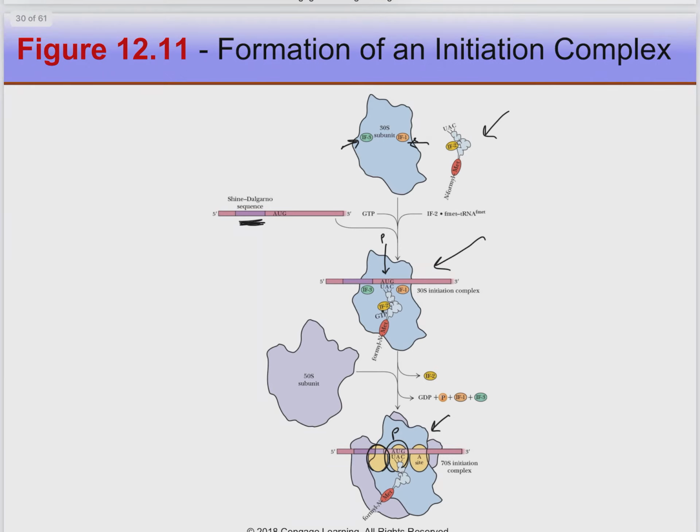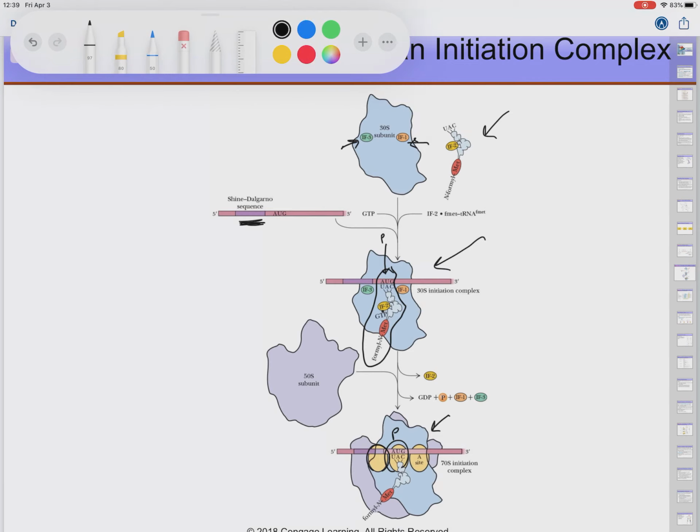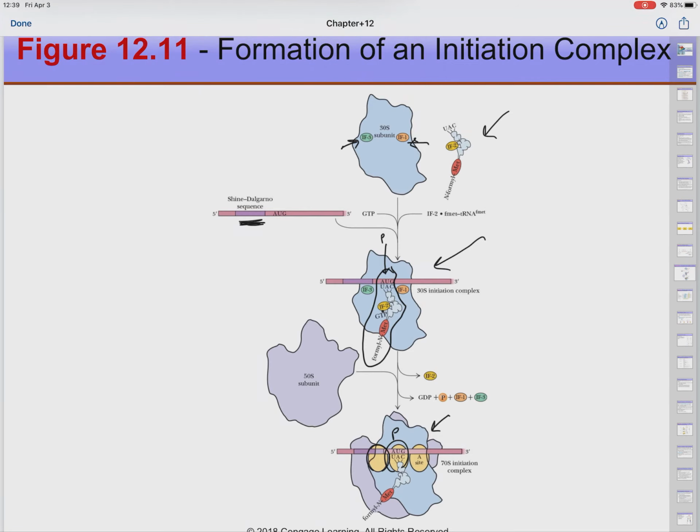All right. IF3 helps to recruit the 30S subunit and hold it on the mRNA, but it also prevents the premature binding of the 50S subunit. IF2 actually binds GTP and aids in the selection of that initiator tRNA. And so it's part of the mechanism to make sure that the correct starting tRNA goes in there.